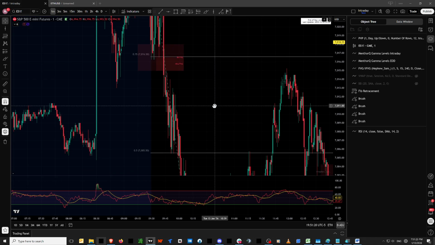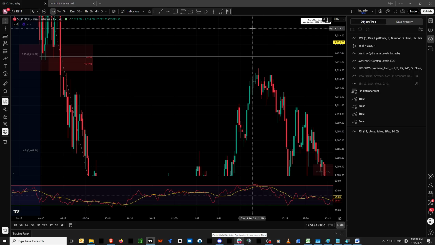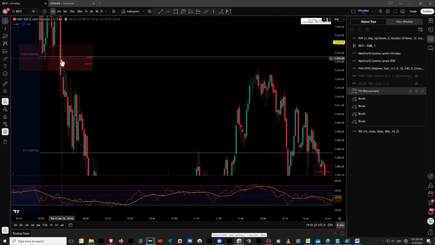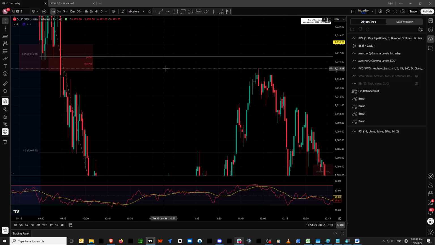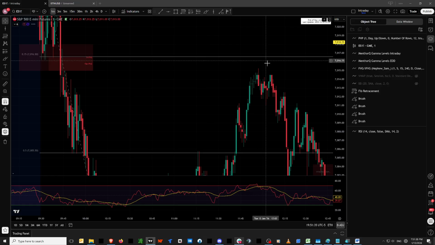Wait, let me see if I can do this. Here's that fair value gap. And if you look, you can barely see it. I'm going to line my cursor horizontally at the bottom of that fair value gap. Look left of my cursor, and you see we stuck a toe, a wick, into that fair value gap.